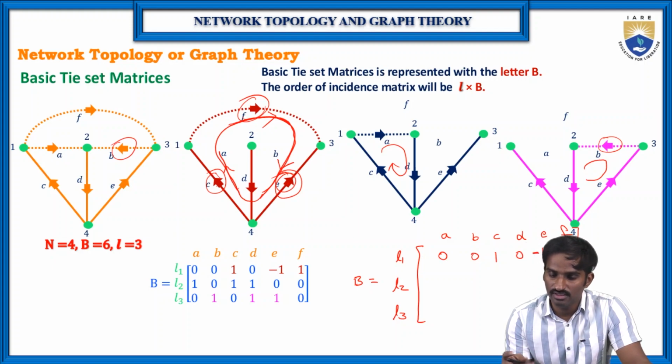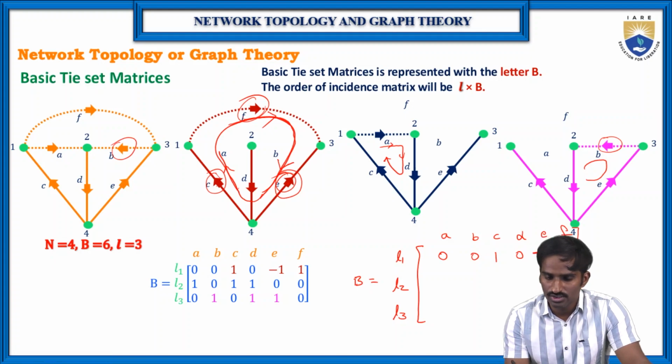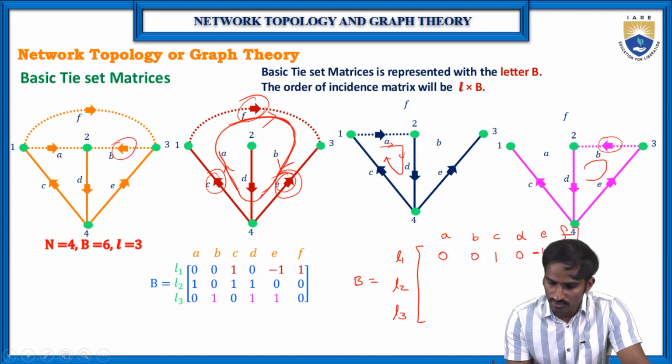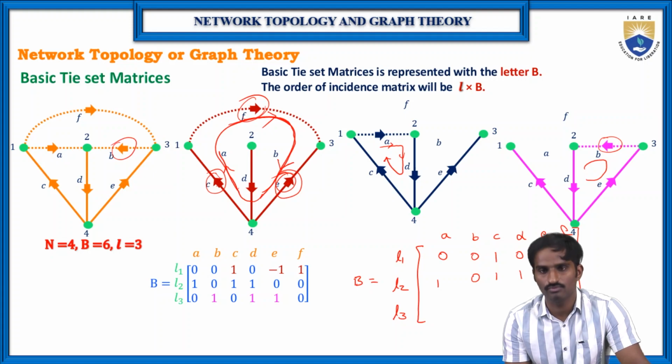Then coming to the second co-tree or the second link. Again we take the direction with respect to the link direction, right? So here A, D, C. A is there, so 1, B is 0, C is 1, D is 1, E is 0, and F is 0.